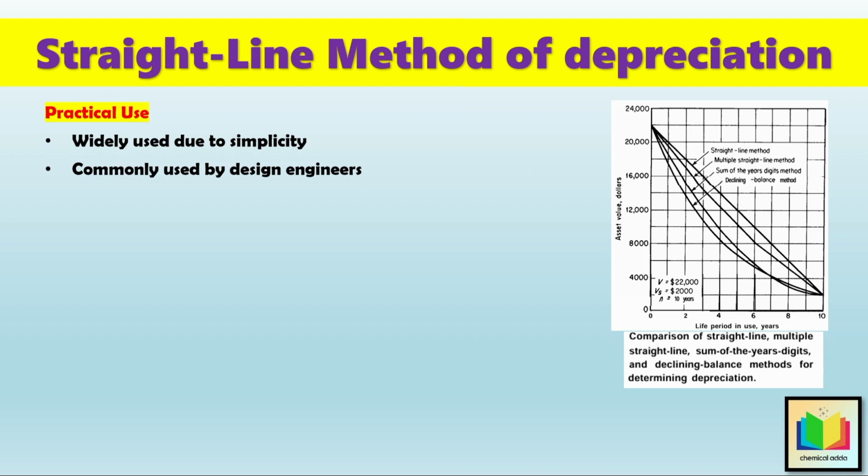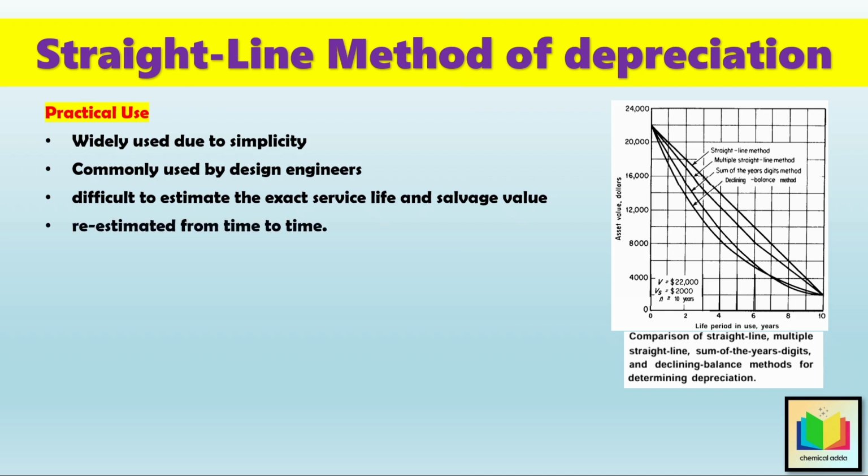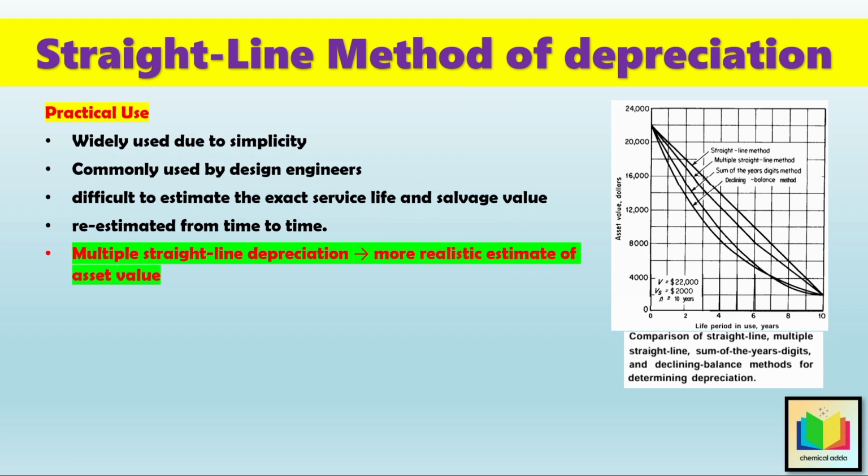But in real situations, it is difficult to estimate the exact service life and salvage value when a property is first put into use. Therefore, during the life of the asset, these values may be re-estimated from time to time. If straight-line depreciation is applied separately for each such period, the overall approach is called multiple straight-line depreciation. This method provides a more realistic estimate of asset value when operating conditions change.